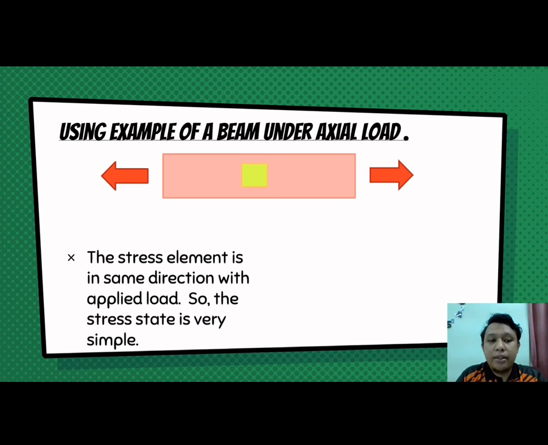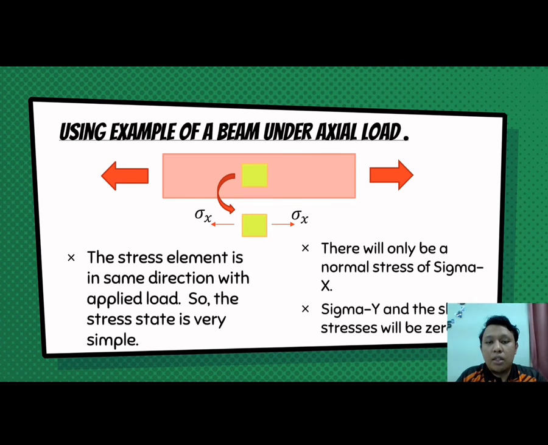So the stress state is very simple. There will only be a normal stress, sigma x, and the shear stress and sigma y will be 0. Okay, we move on to the next slide.